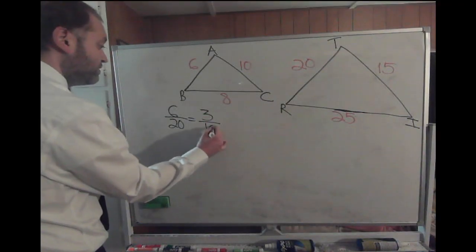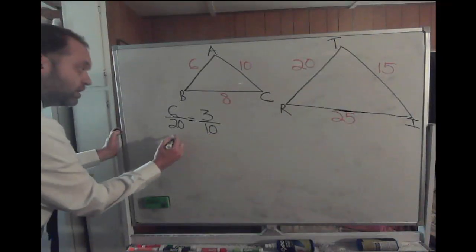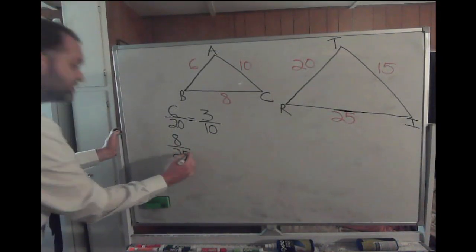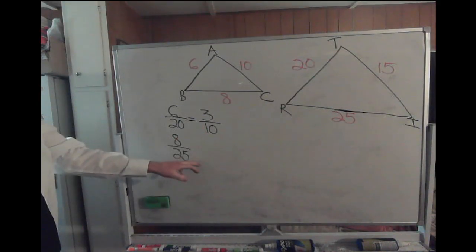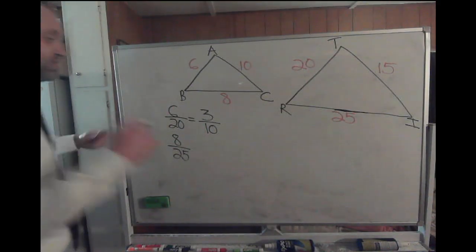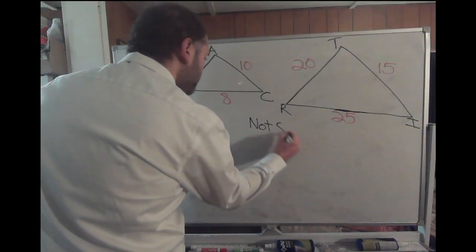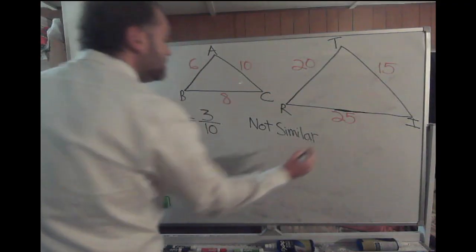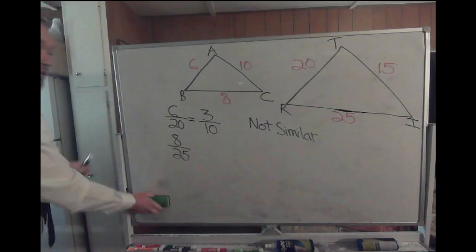You have the ratio 3 to 10. So then how about BC to RI? That would be 8 to 25, which doesn't reduce any further. So right away we have 2 different ratios for the different sides, so these triangles are not similar. So there, they are not similar.